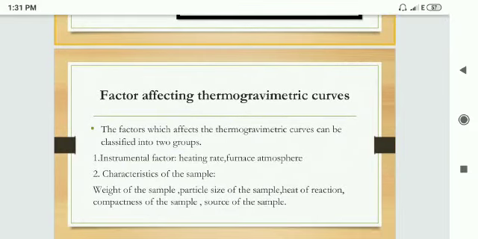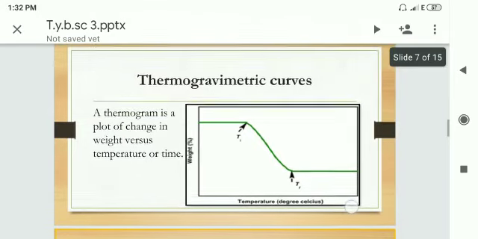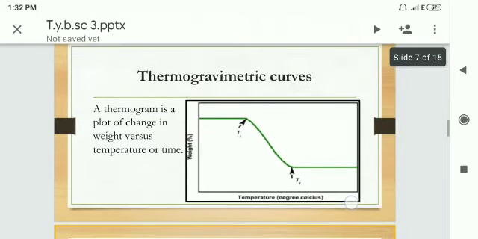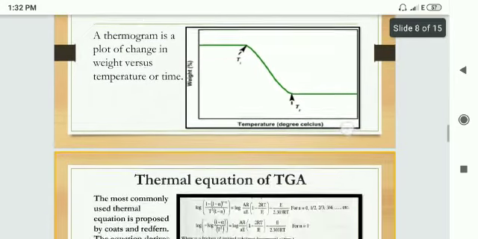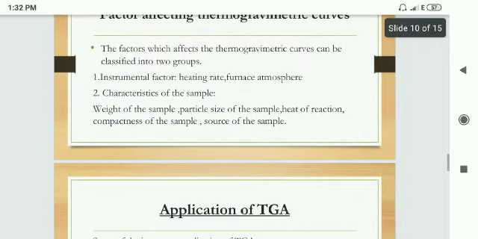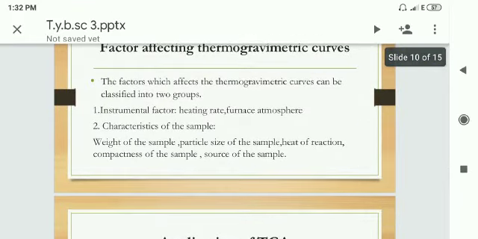Factors which are affecting the thermogravimetric curve or pyrolysis curve. This curve is called the thermogravimetric curve or pyrolysis curve, and the factors which are affecting this curve are of various types. The factors which affect the thermogravimetric curve can be classified into two groups.